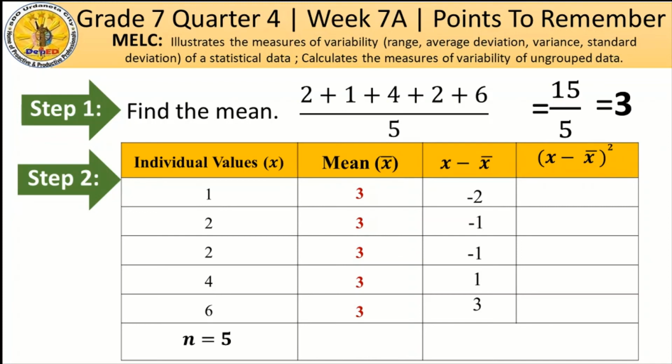So, negative 2 squared is 4, negative 1 squared is 1, 1 squared is 1, and 3 squared is 9. Afterwards, let's find the sum of the squared difference of the individual values and the mean. So, 4 plus 1 plus 1 plus 1 plus 9 is equal to 16.